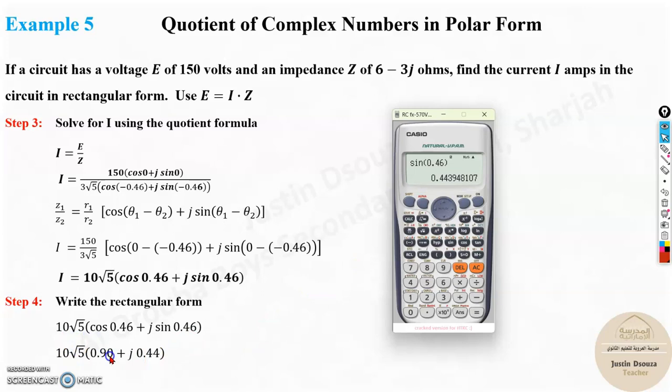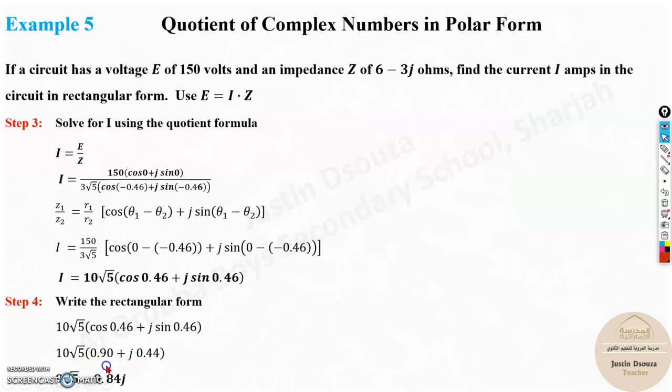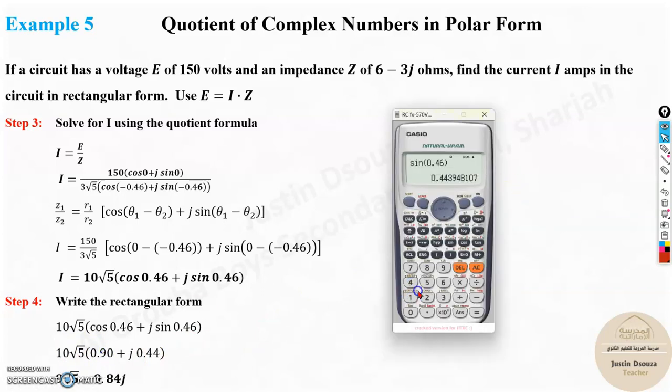Now you need to multiply this inside. 10 root 5, multiply it over here. See, all you're doing is, this is multiplied by 10 root 5. The answer in this case is, I have taken the entire thing. If I just take 0.44, it'll be a little different. It's almost approximately the same thing. See, it's 9.84.